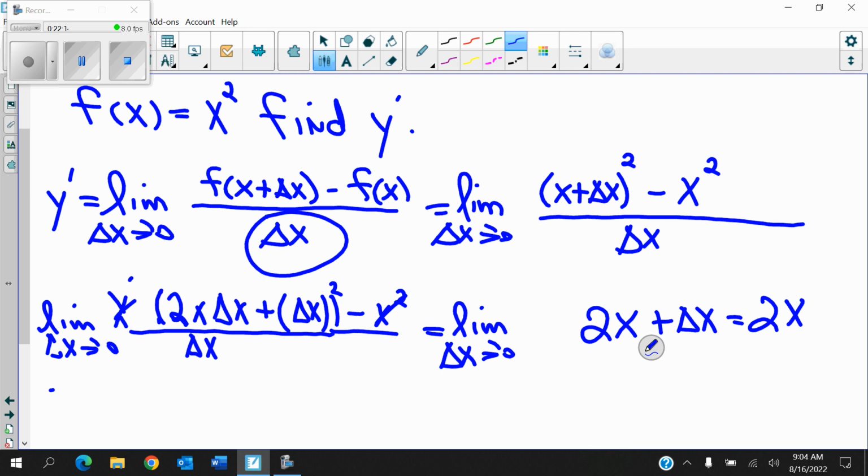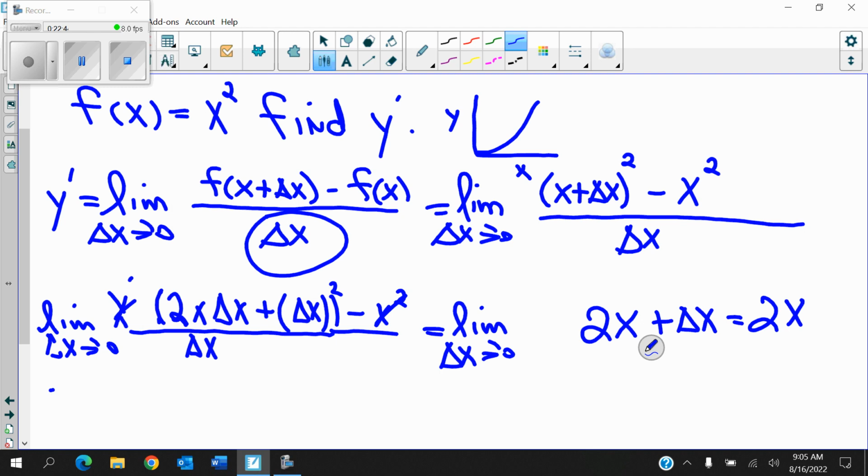Slope of the tangent line at 5 is 10, and so forth. As x gets bigger, the slope gets steeper, which makes sense because f of x equals x squared is a parabola, and so we know that the slope has to get larger as we go.